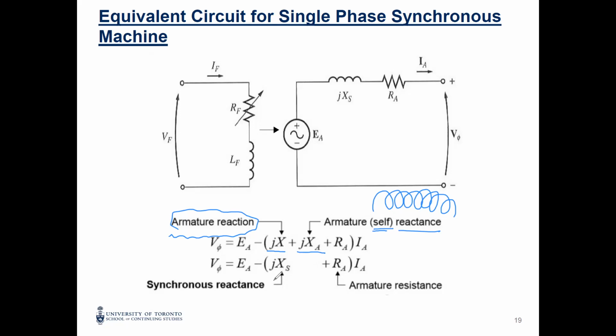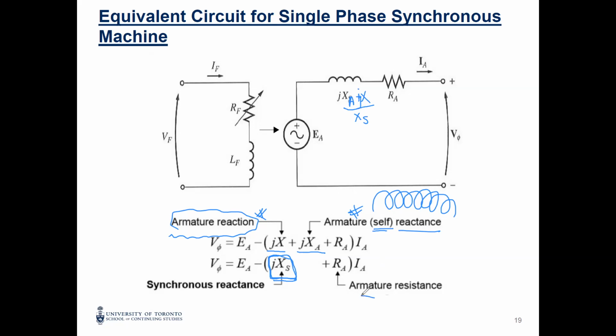If you add both, you will have the synchronous reactance: one because of the armature action, one because of the self-reactance of the coil itself. That is the reason we don't call this only XA, but it's plus the one from the armature reaction. So we call it the synchronous reactance, XS. It's the summation. Of course, both are with j.